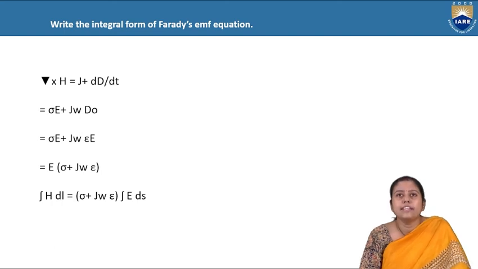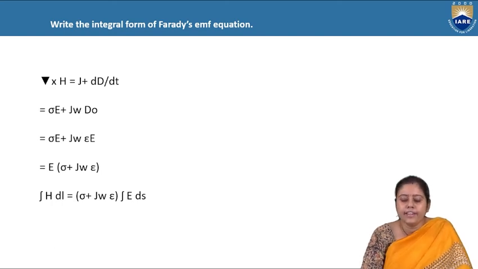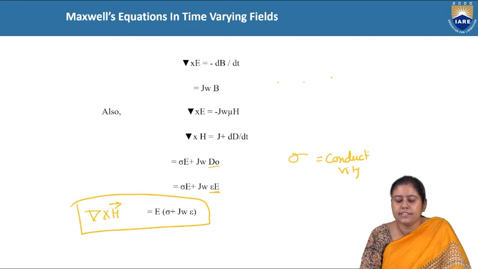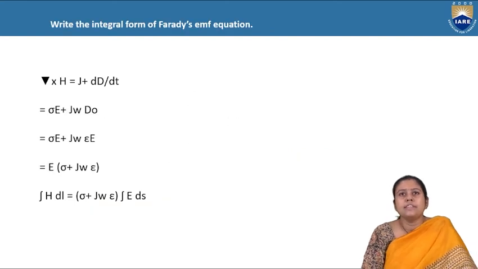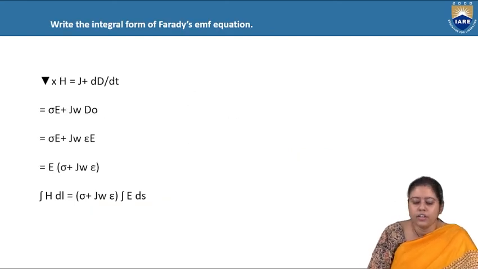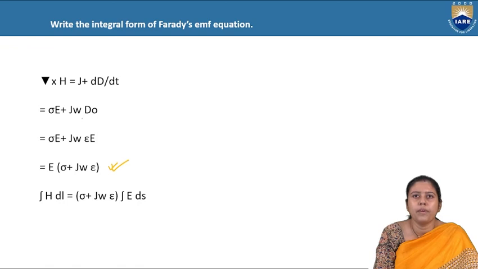If we want to write it in the integral form, we start from grad cross H is equal to J plus dD by dt, which we already got. So we got up to this proof that J is equal to epsilon into E plus J omega D naught. We are just putting the value.